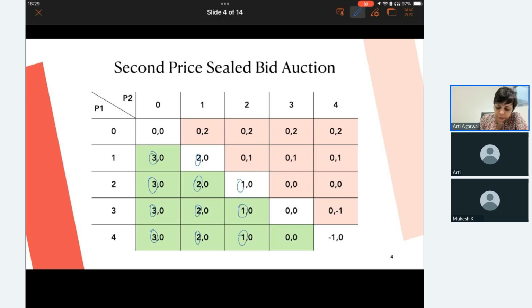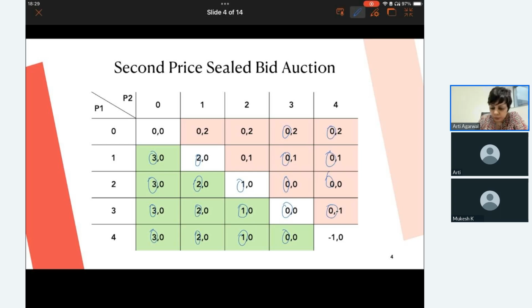Player 2 is playing 3, then it doesn't matter what he plays, because whatever he plays, he gets only 0. So all are best responses. Player 2 plays 4. Again, other than this -1 payoff, which is for bidding 4, all others are giving 0. So all are best responses for player 1.